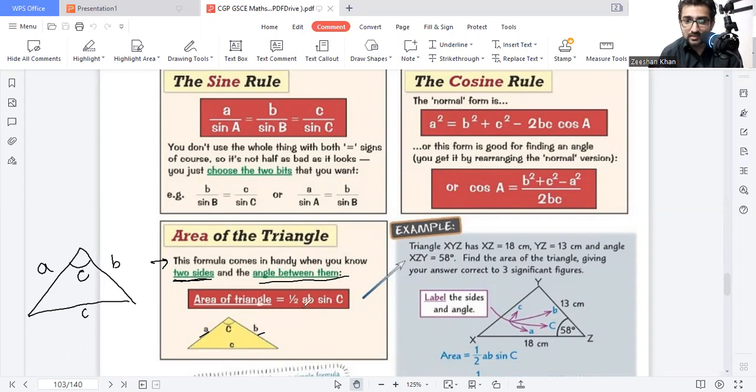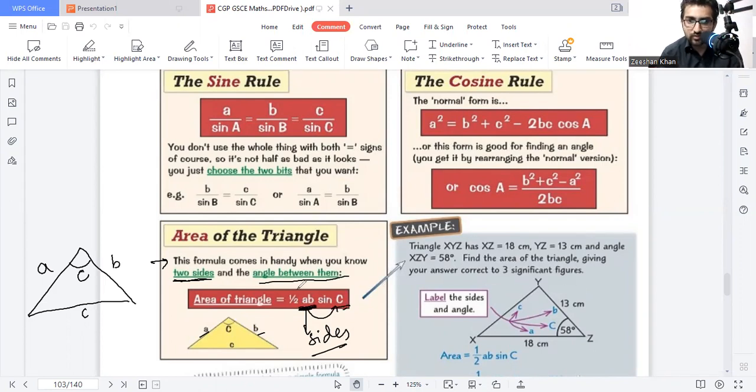So area of a triangle is 1/2 ab sine C. How to memorize this? If you write ab here, then write capital C as the angle. You have written ab already, but these are sides of a triangle, and C is the angle between them.